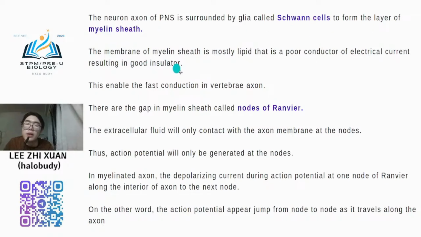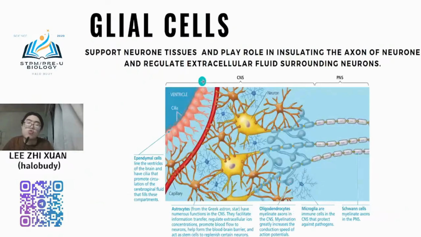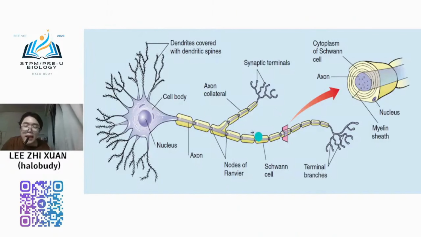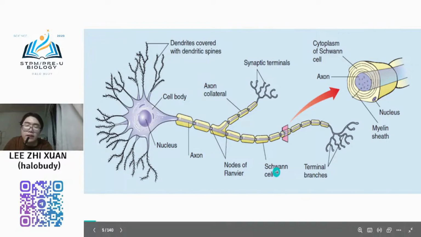I already explained that the myelin sheath is normally a poor conductor, meaning that the electrical impulse will not enter inside the myelin sheath. The electrical impulse will only pass through the part that does not contain the Schwann cell.